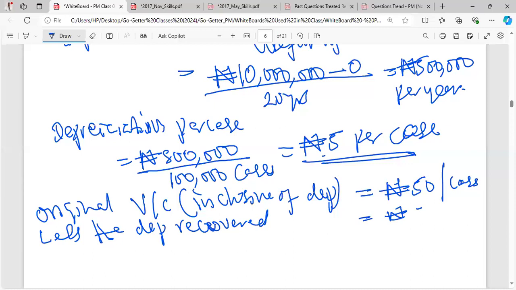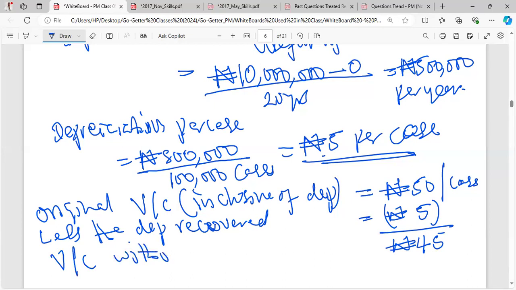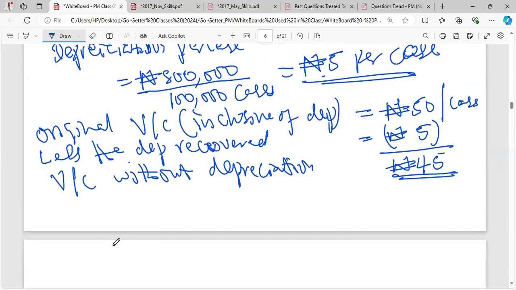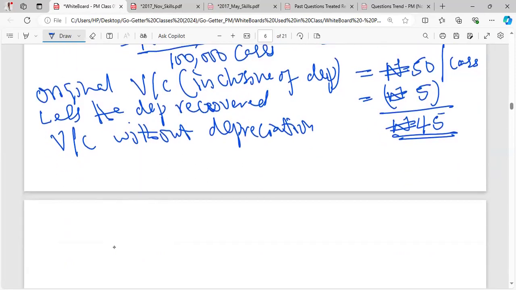We have to remove this 5 naira. So it means that 45 naira is the variable cost without depreciation. So it is this 45 naira that we will use in our calculation.